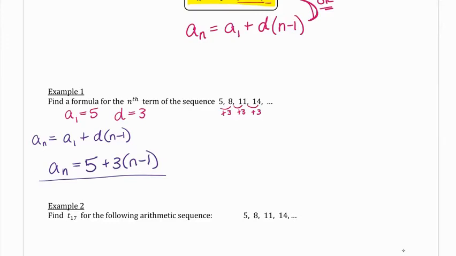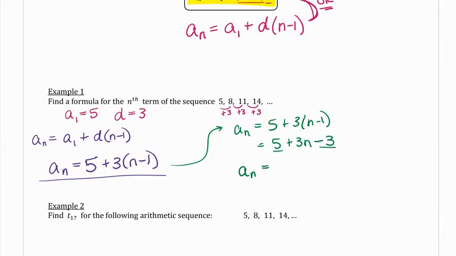Now we could also take that rule and simplify it. If I take the a sub n, 5 plus 3 times n minus 1, and distribute the 3, we'll get 5 plus 3n minus 3. So that would give us the nth term.